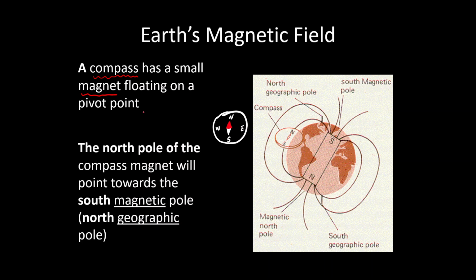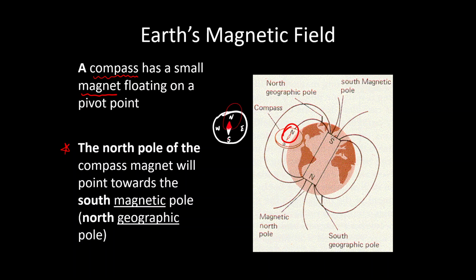All right. So just really quickly read through this. It says the north pole of the compass magnet will point towards the south magnetic pole, which is the north geographic pole. Really super duper confusing. Just think of it this way. The compass points north. So that is the north pole on our magnet, which is the little red bit here.